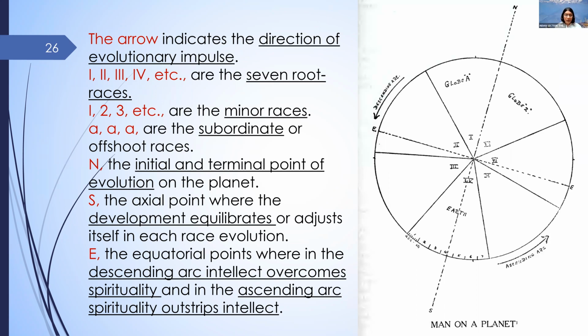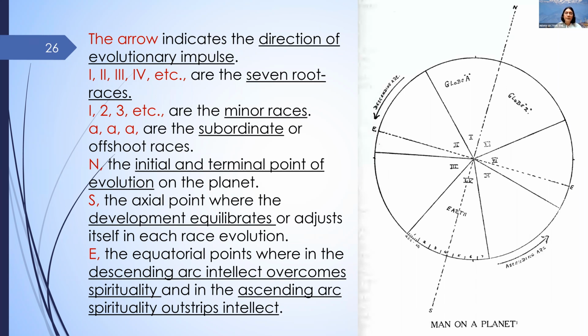Then he reaches the lowest point of the descending arc on globe D, our Earth. We are at the lowest point in the round. From here on, ascending from globe D to G, that will be the ascending arc. He once again starts becoming more ethereal, losing his materiality to reach the topmost point N, where matter will be resolved once more into spirit.